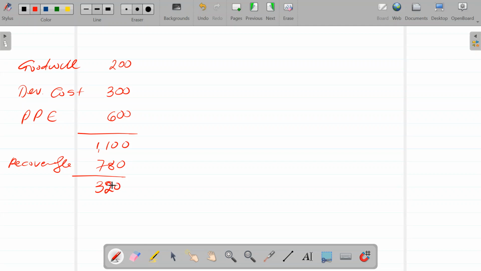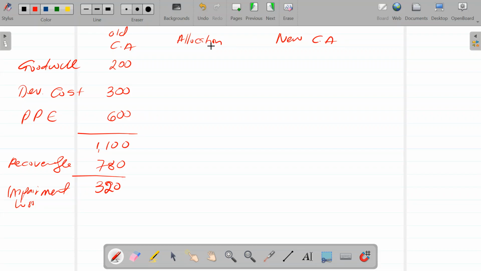Good. Now we have to share this 320 among the assets. So this is the old carrying amount. Then we'll do our allocation, then the new carrying amount.